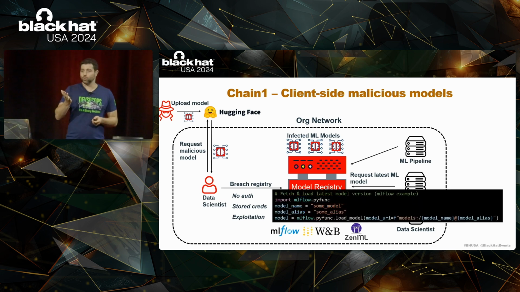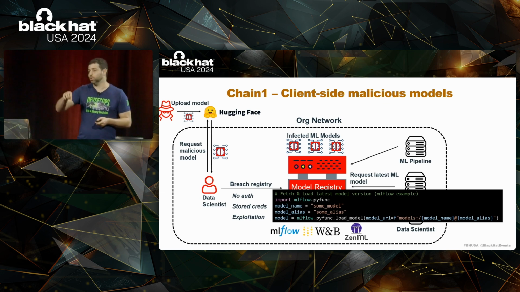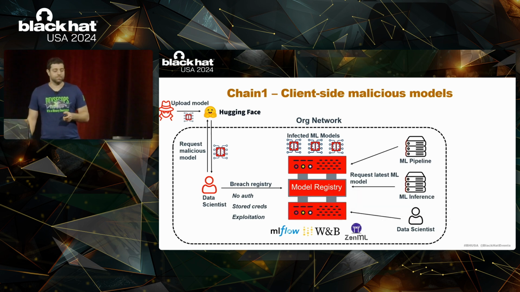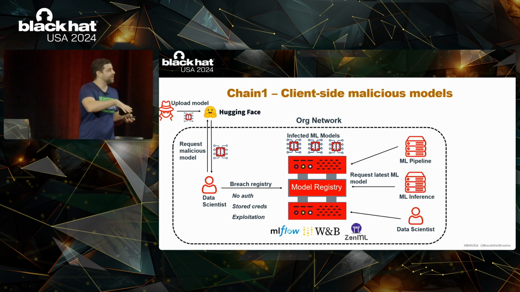And again, to load a model from a registry, for example, these are 4 lines of code that will download the latest model from MLflow. And as soon as they load the model, they don't have to query, they don't have to evaluate, they don't have to do anything. We ran code on everybody. And you can see how this is a worm that can keep propagating into different registries and users and infect the entire organization.